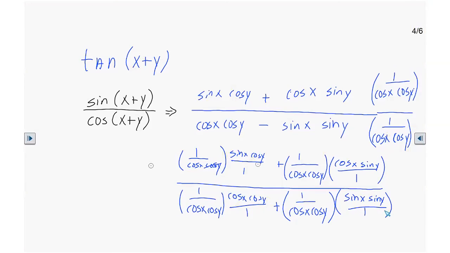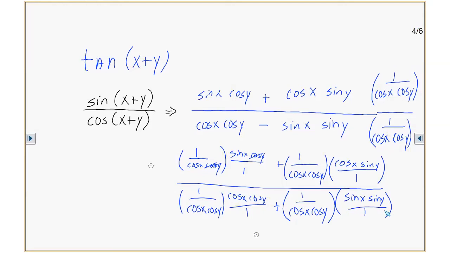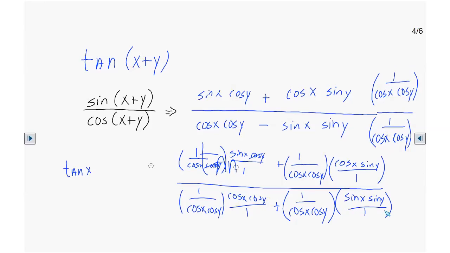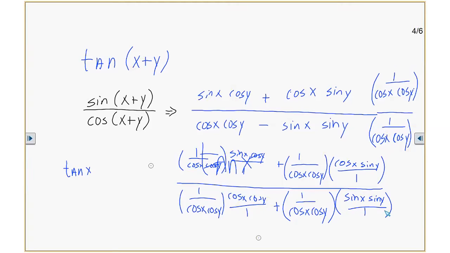Now, what happens here? Cosine of y, what do? And what are you left with? Sine of x over cosine of x, which is the tangent of x.